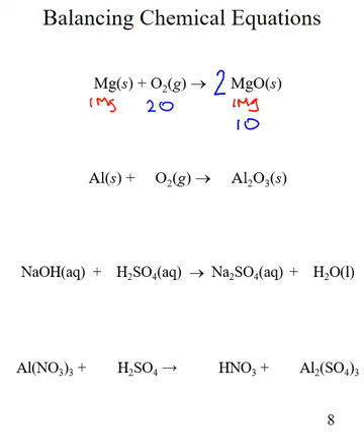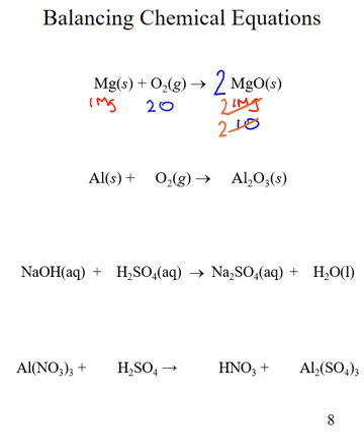Okay, so now that causes our magnesiums to be off-kilter. So instead of 1 magnesium, I now have a total of 2 of them. Instead of 1 oxygen, I have 2. So our oxygens are balanced, but our magnesiums aren't. So we have to go back through and balance that.